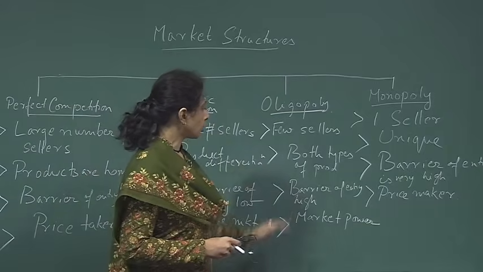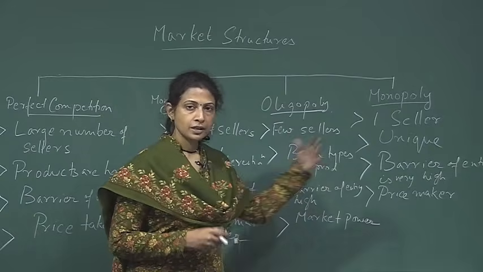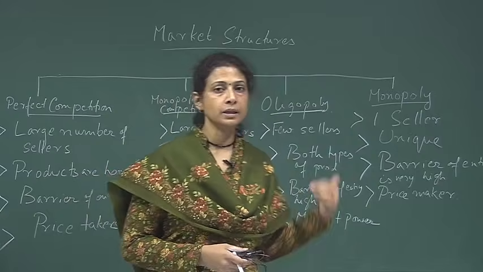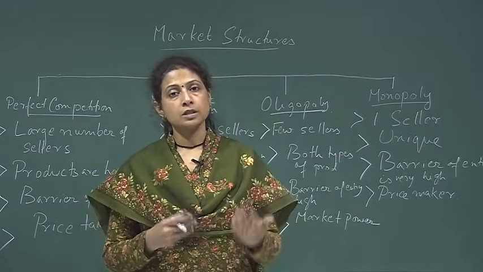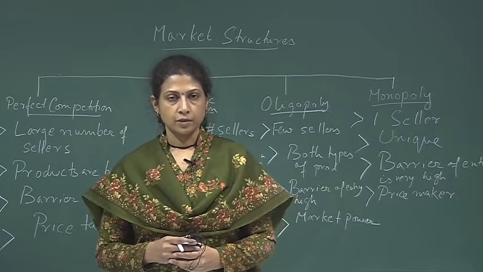And in case of oligopoly also, if it is a differentiated product, they may go for advertisement. If it is an undifferentiated, homogeneous product, they are not going to advertise.